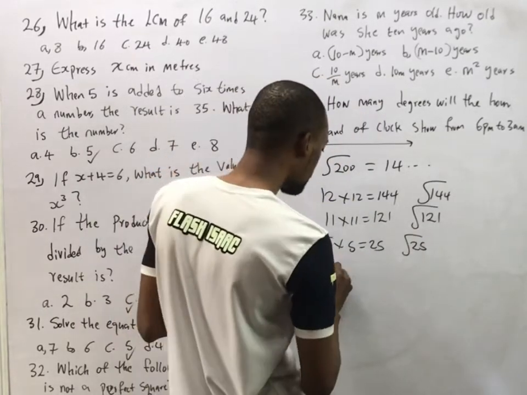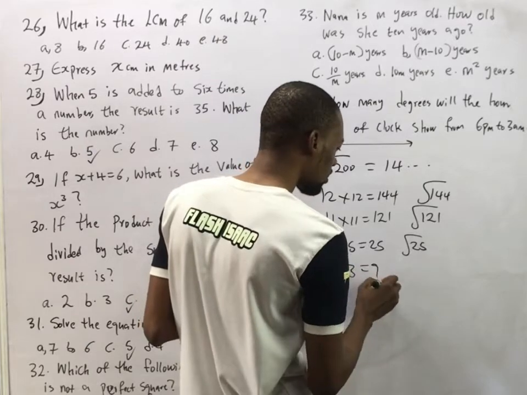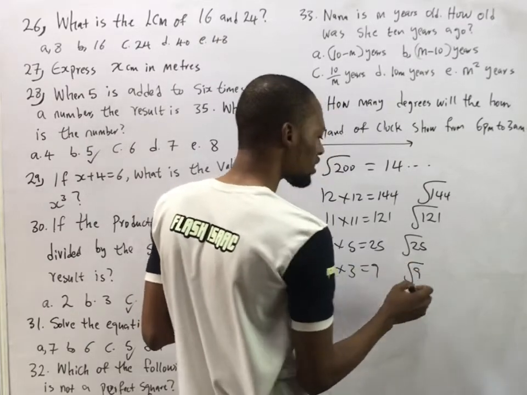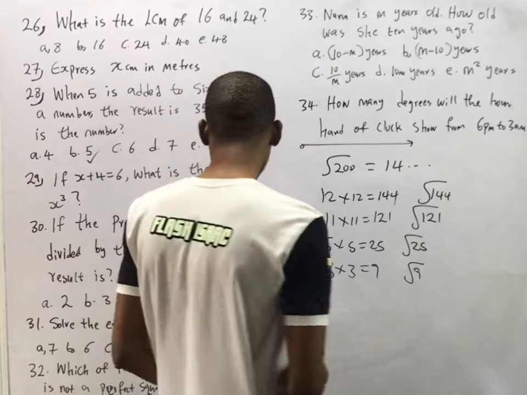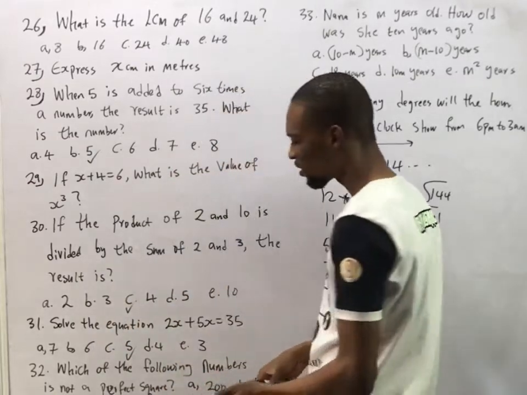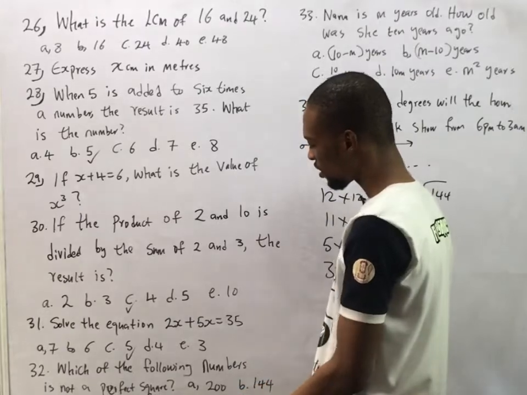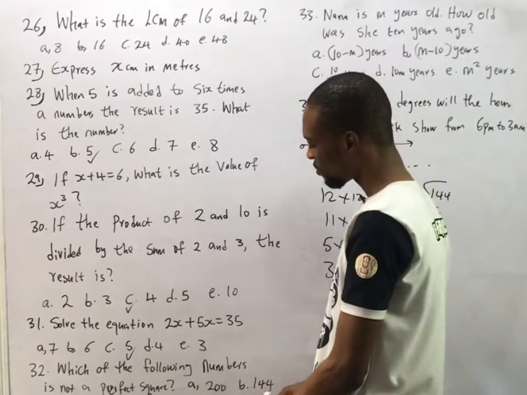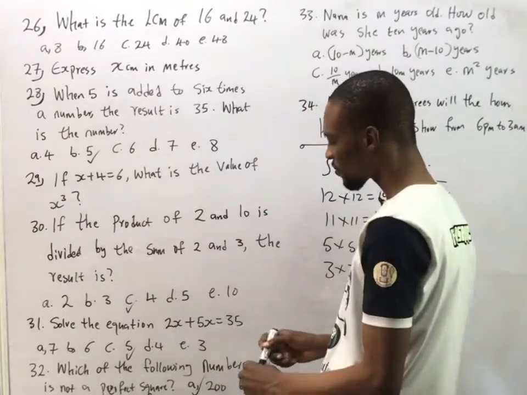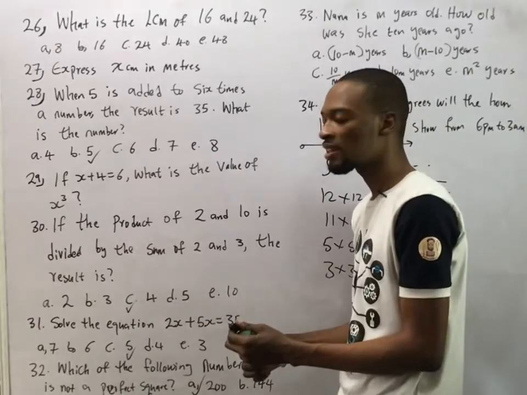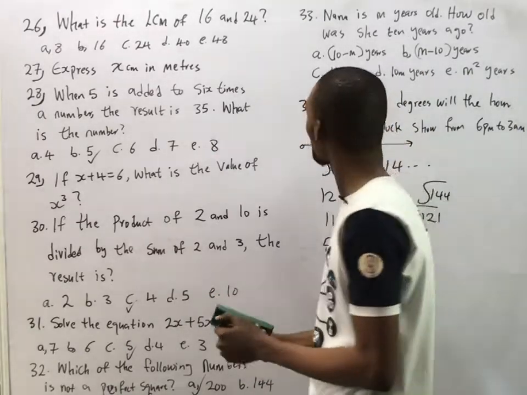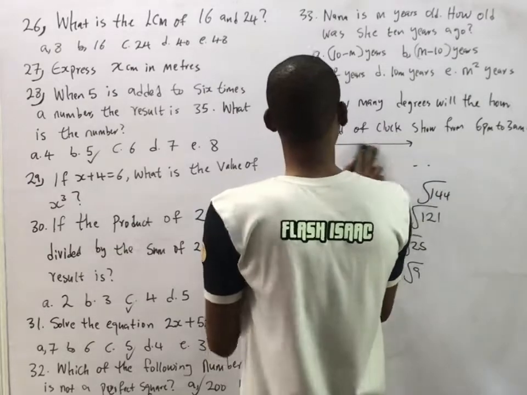And 3 times 3 is 9. Therefore, the square root of 9 is 3. So, 9 is a perfect square, 25 is a perfect square, 121 is a perfect square, 144 is a perfect square, but 200 is not a perfect square. So that's how to answer that type of question. Now let's look at question 33.